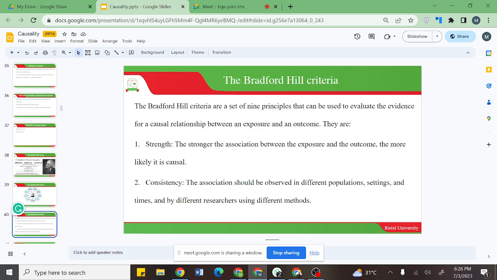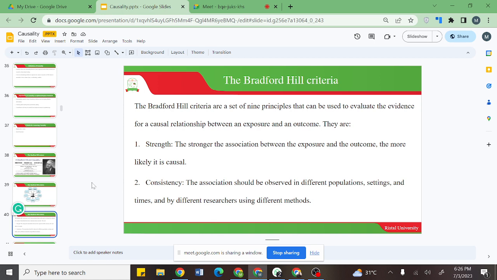So if we say that smoking is linked to lung cancer, we should be able to find that whether you do the study in the US, whether you do it in South Sudan, whether you use different methods, whether you use the same researchers or different researchers, you should find the same thing. That's what we call consistency.